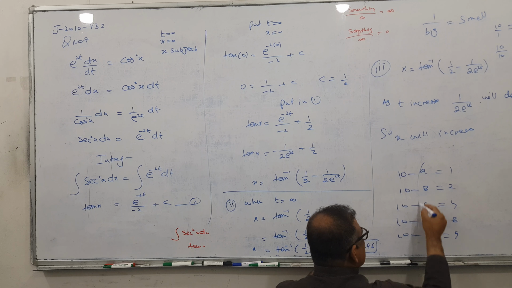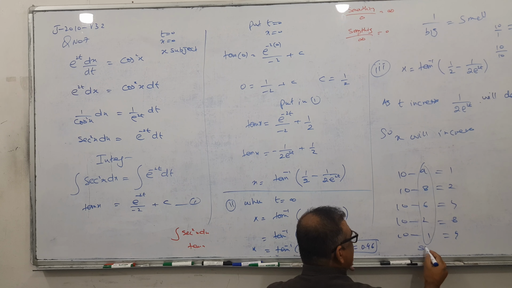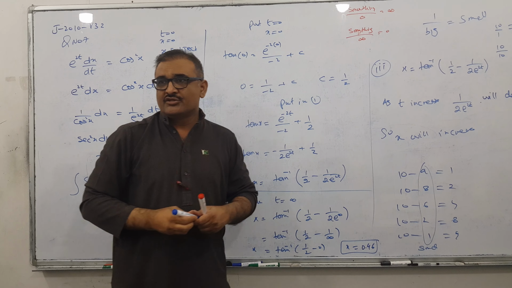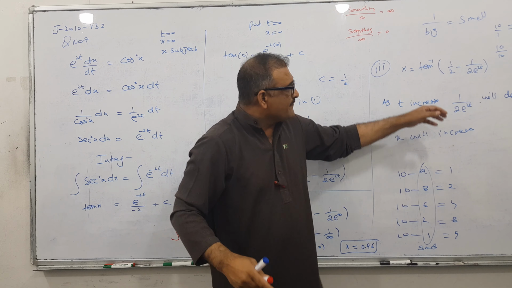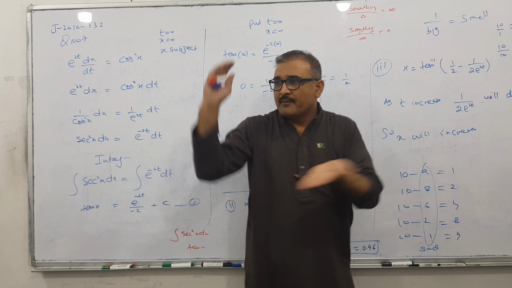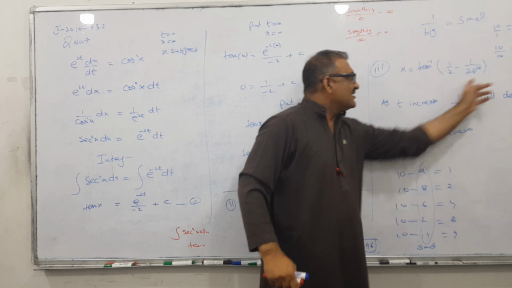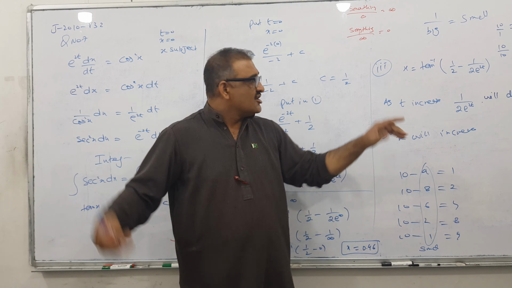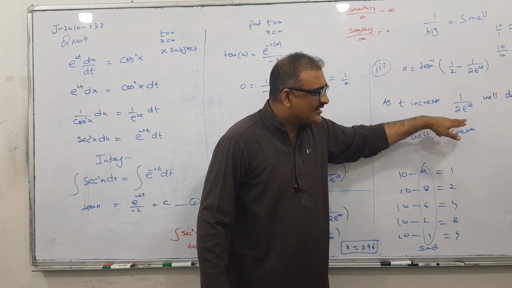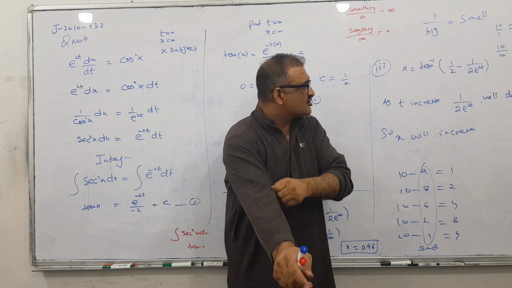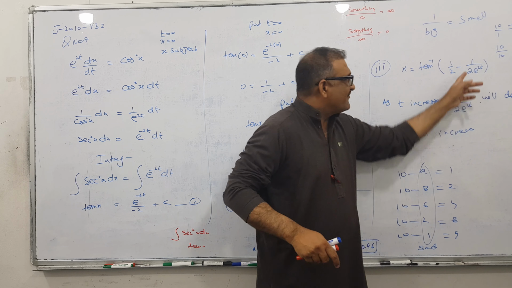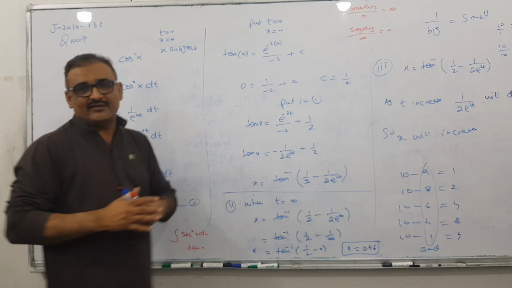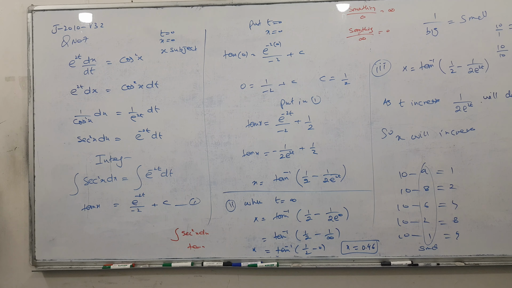You see, as this component becomes smaller and smaller, our answer becomes larger. Correct or not? So if this part becomes smaller, my net answer becomes bigger, so x becomes bigger. So I proved here that as t increases, this factor decreases, and if this decreases, the full answer increases. So there's a logic behind it. Please stop.